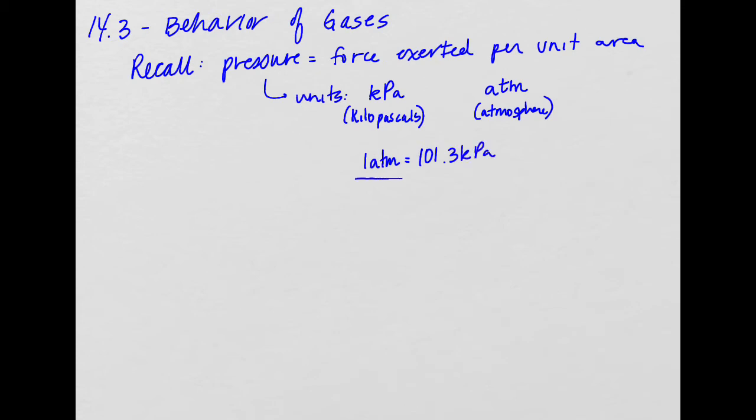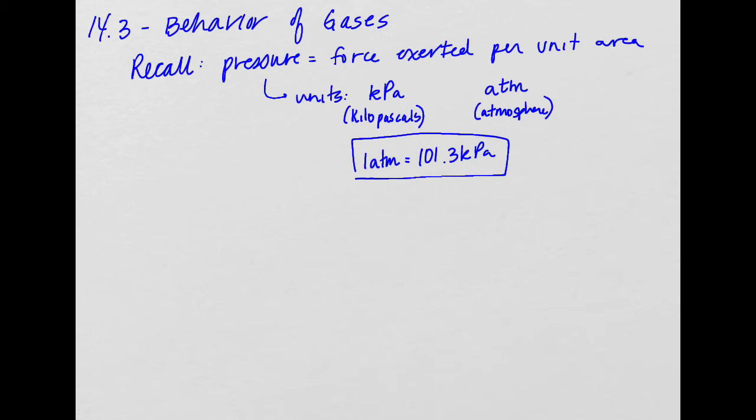You're going to need to know that relationship. It's like how if I give you my weight in pounds, you could find it in kilograms using dimensional analysis, like we've done before. But this is for pressure. So 1 atmosphere of pressure is the exact same thing as 101.3 kilopascals of pressure.